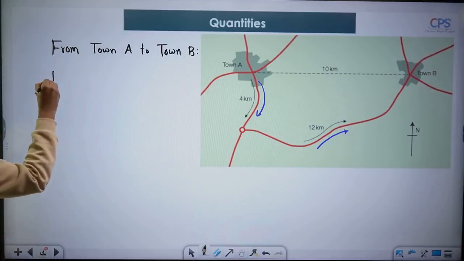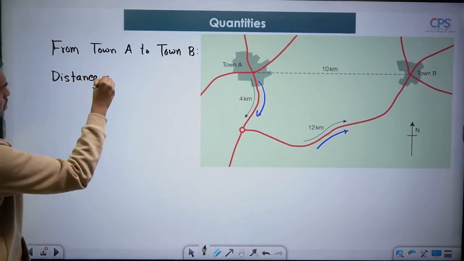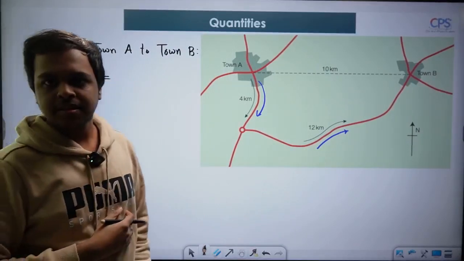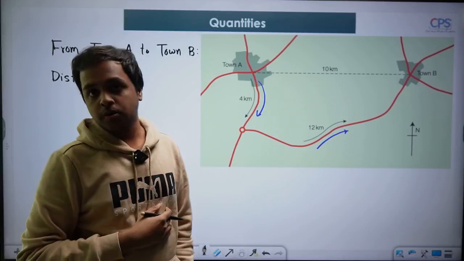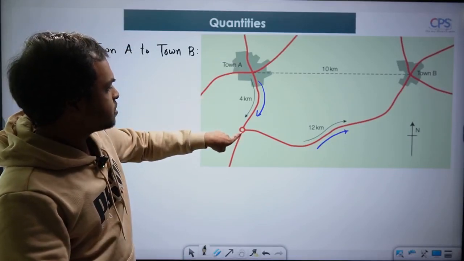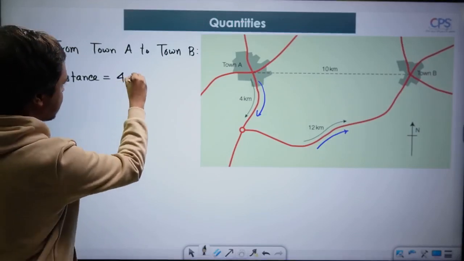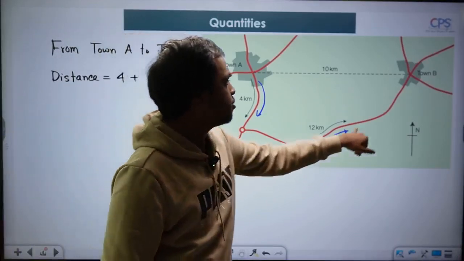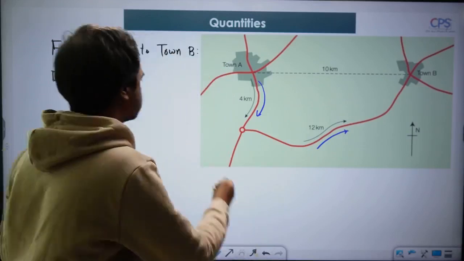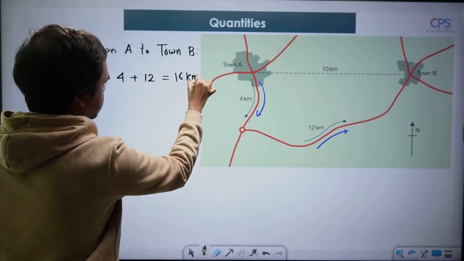See, the distance, which is a scalar quantity, should count all the path anyone has to go. So anyone can go to this point 4 kilometers, so it's 4 plus, and from this point to town B it's 12 kilometers, so it's 16 kilometers, right?